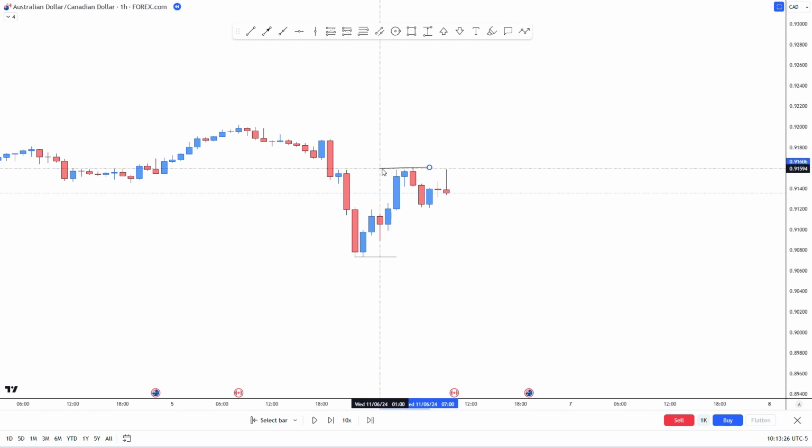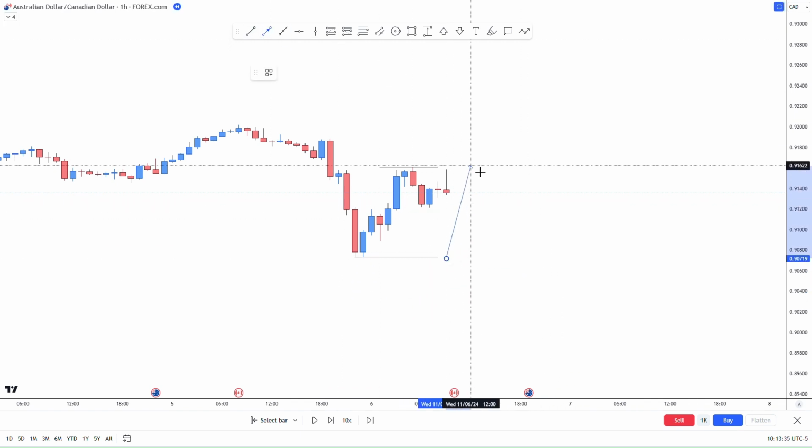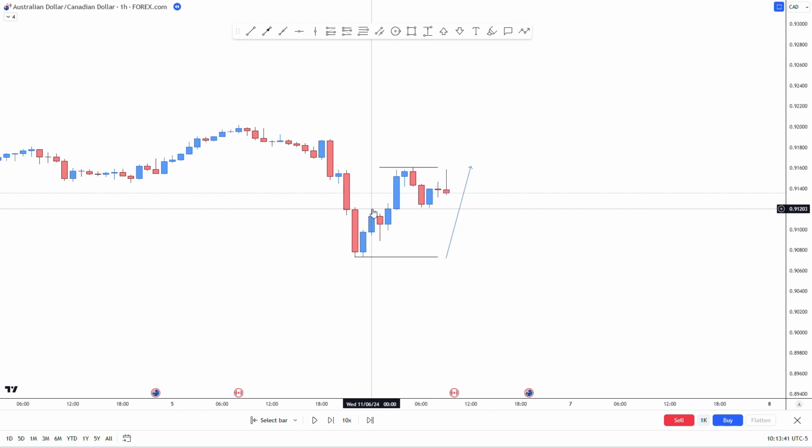I'm trying to identify the high and the low of a certain range that we would like to potentially trade in. So this would be my bullish range I would be looking to trade in. This is what I would do. And again, you can go to a lower time frame, you don't have to. It's not so important.